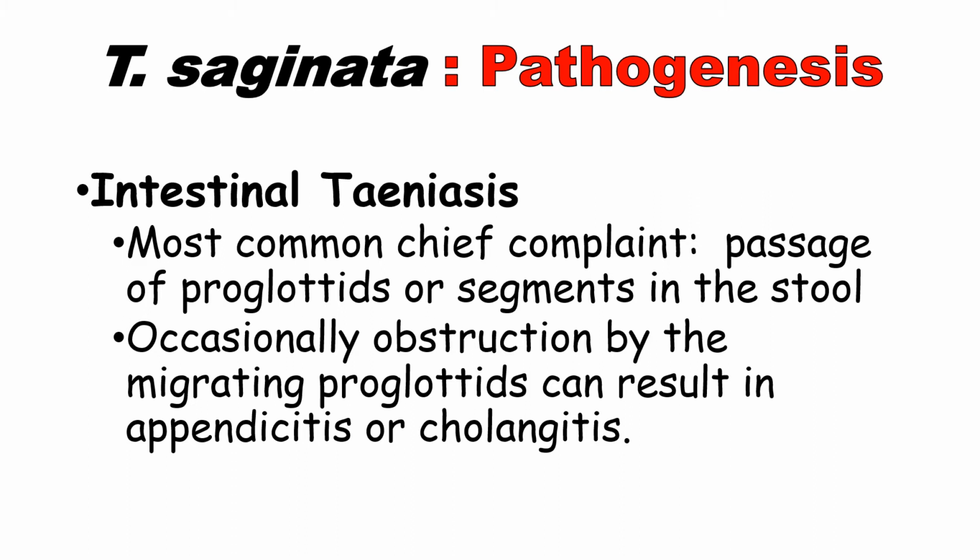So the most common chief complaint is passage of proglottids or segments in the stool, and also since the proglottids are actively motile, there are already reported cases that it causes obstruction in bile and pancreatic ducts. Okay, so that's why it may result in appendicitis or cholangitis due to its actively motile proglottids.